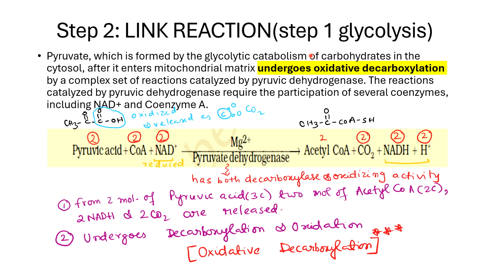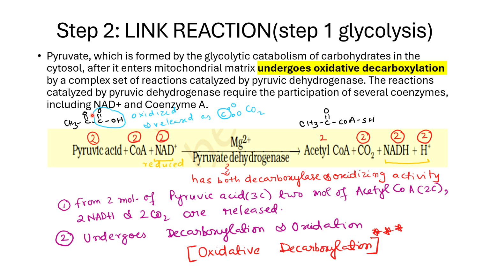This takes place in the mitochondrial matrix, and typically here pyruvic acid, which is a 3-carbon compound, undergoes an oxidation step in which the H group is released and reduces NAD plus to NADH and H plus.